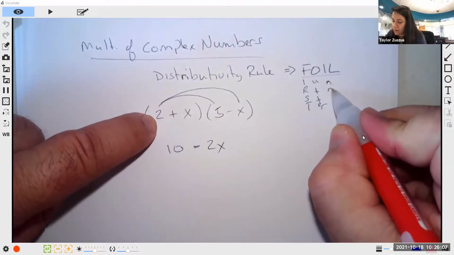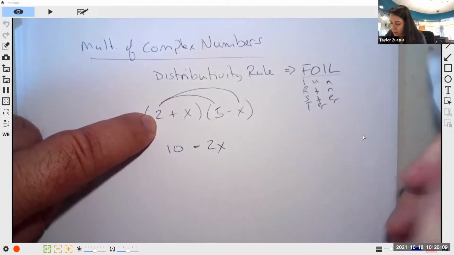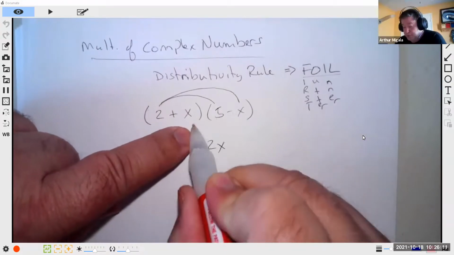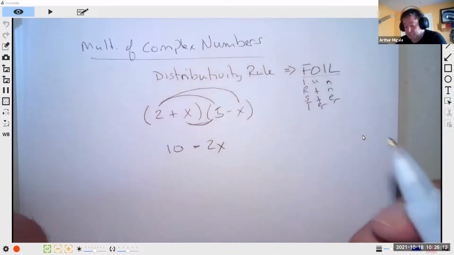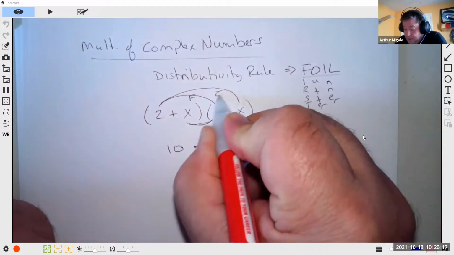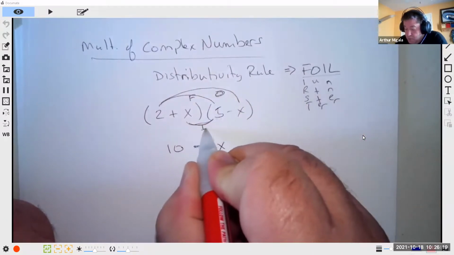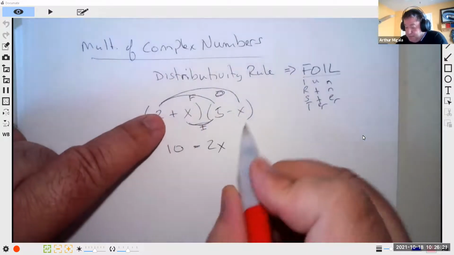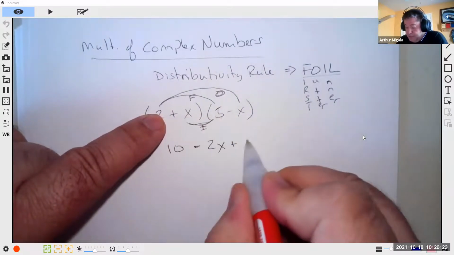I stands for inner. The inner numbers are these two. So this is the F, O, I. So they're both positive. 5 times x is 5x.